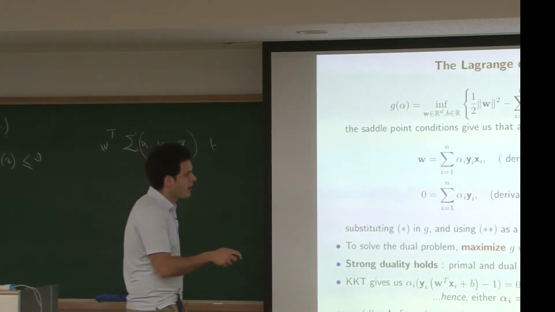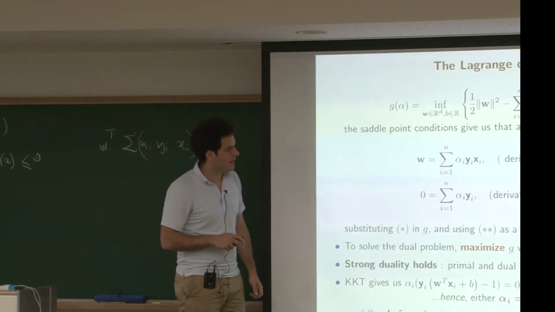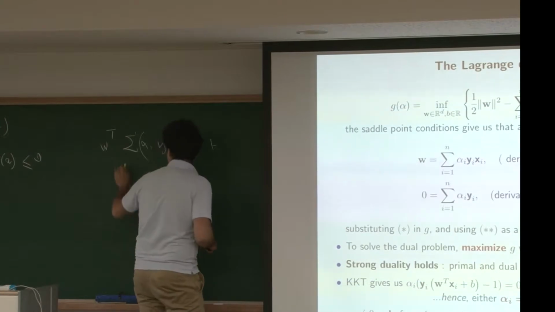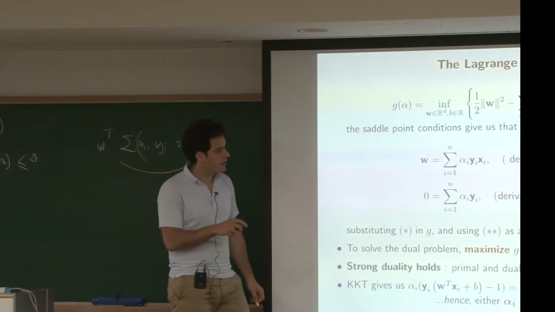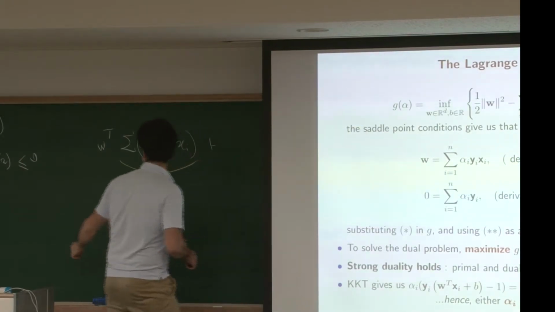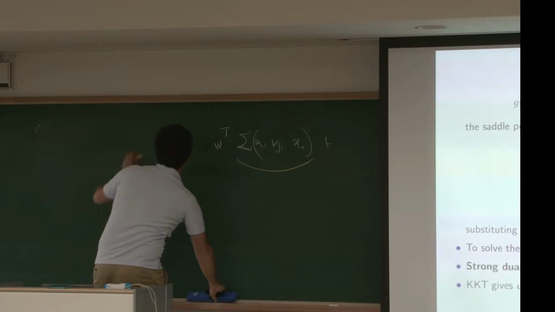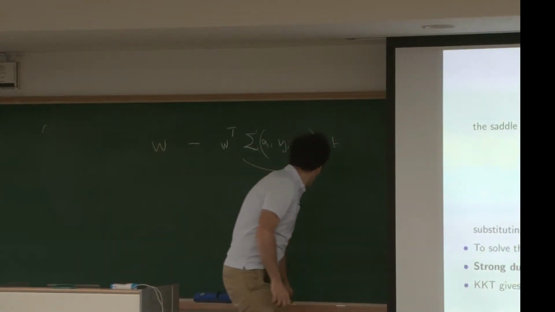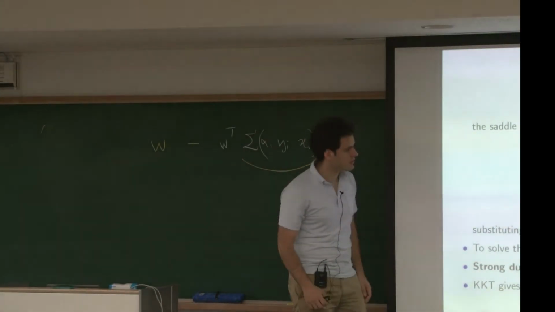And if you differentiate this equation with respect to W, you will see this linear term appearing here. And if you differentiate the quadratic term, you just have W. So basically you have W minus this, plus some constant.